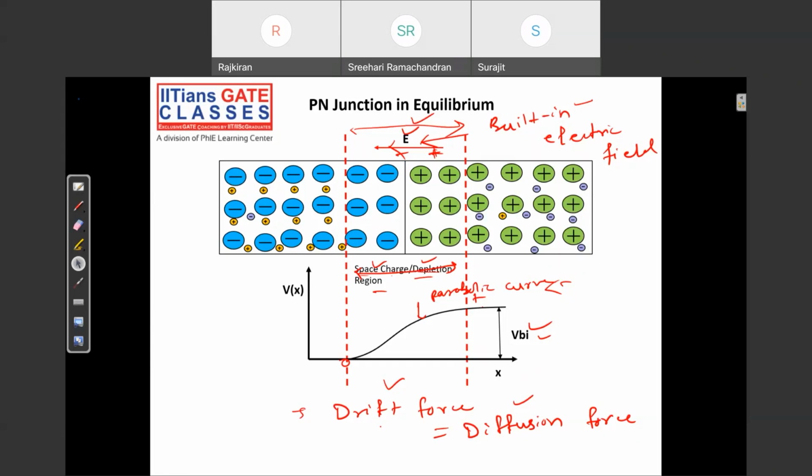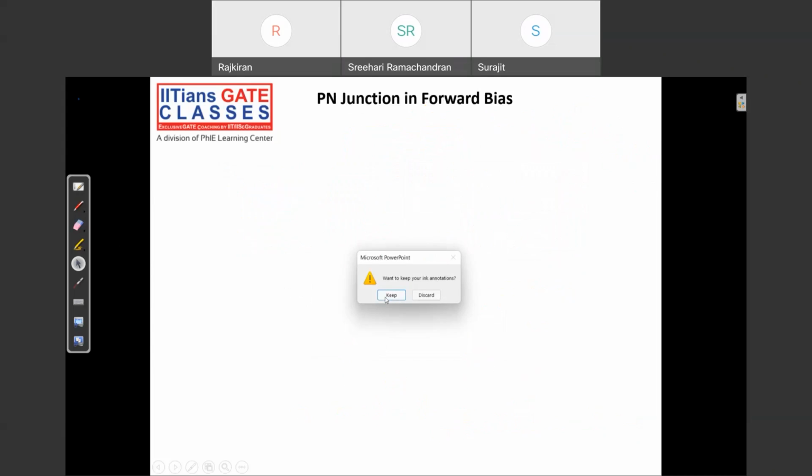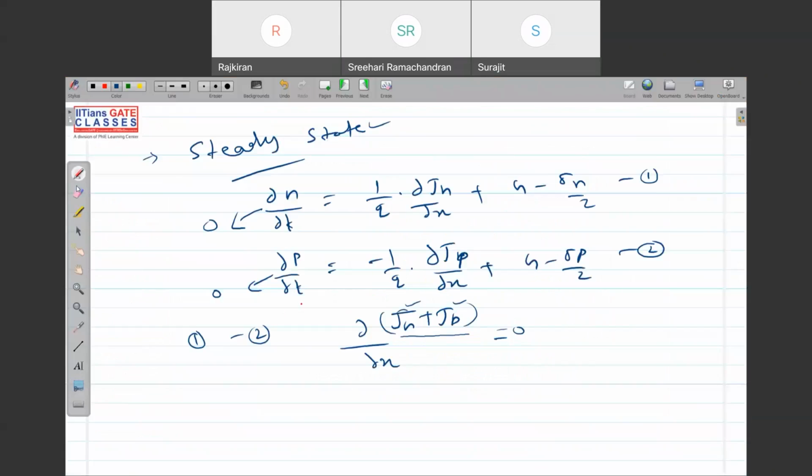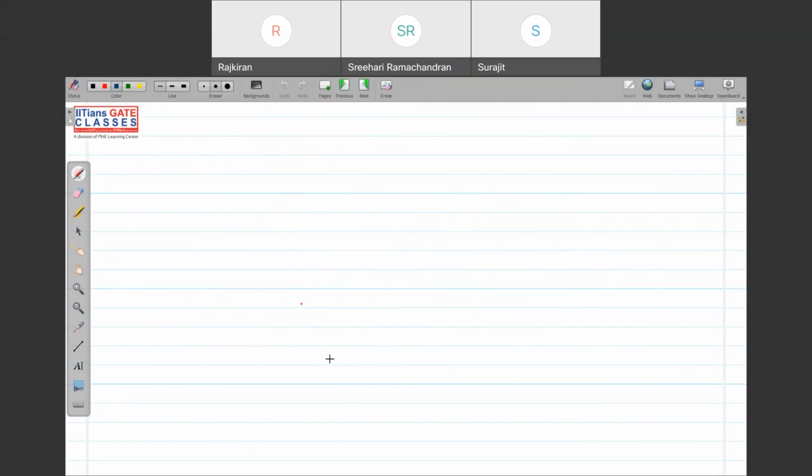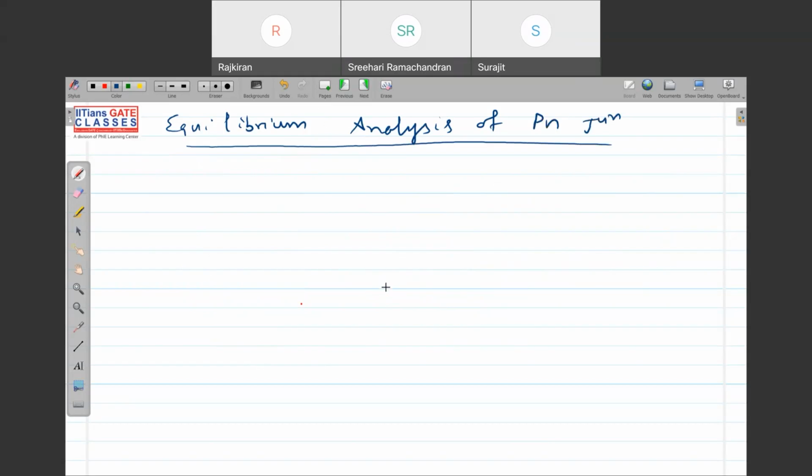Okay, so let me go to my whiteboard. Equilibrium analysis of a junction.